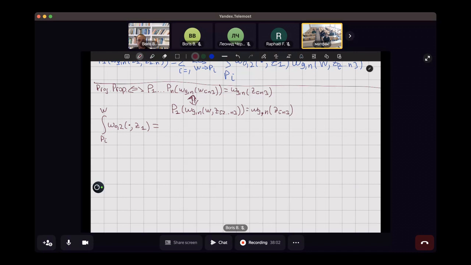So this residue, then this part will stay the same because it's a different variable, W1, and it's just independent of W2, and we just work with this part, okay?